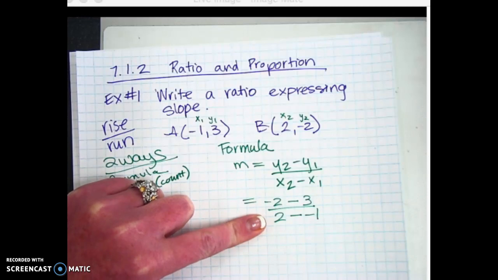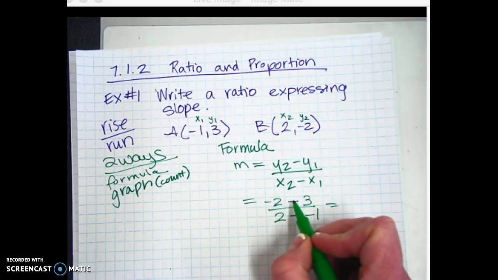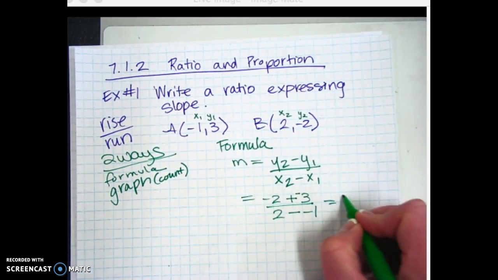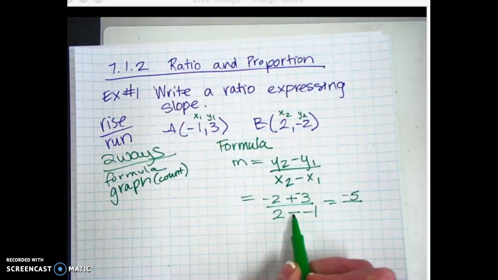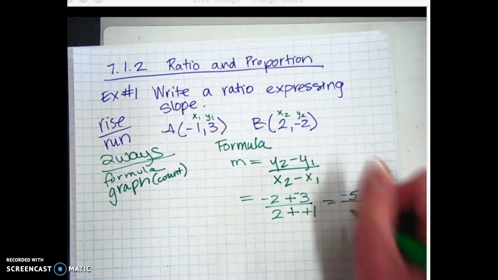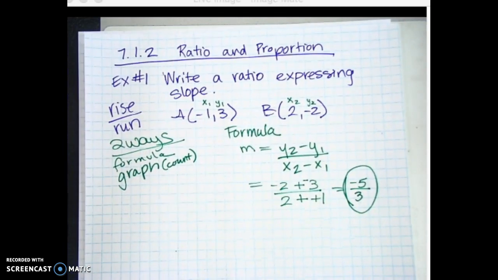If you need help doing that, let me know. I can teach you how to type it in the calculator and always get it correct. But basically, you're going to have -2 plus -3 if you switch. So that gives you -5 in your numerator. And for the denominator, when you subtract a negative, change it to plus. So 2 plus 1 is 3. That means your slope is -5/3.